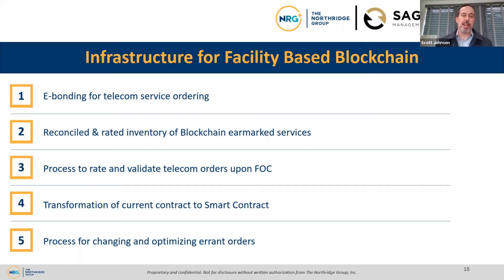So you have to have a really good process for making changes to those orders. So if you add a service and you agree to it and it's in a distributed ledger, and then there's some type of settlement that happens, you need to be able to constantly look at that ordering information, that rated order inventory, and you have to be able to optimize it. So you're channeling your energy from getting a bill and validating it, receiving an electronic bill, making sure that you pay it before late payment charges get in the 5 days that you have to be able to do that.